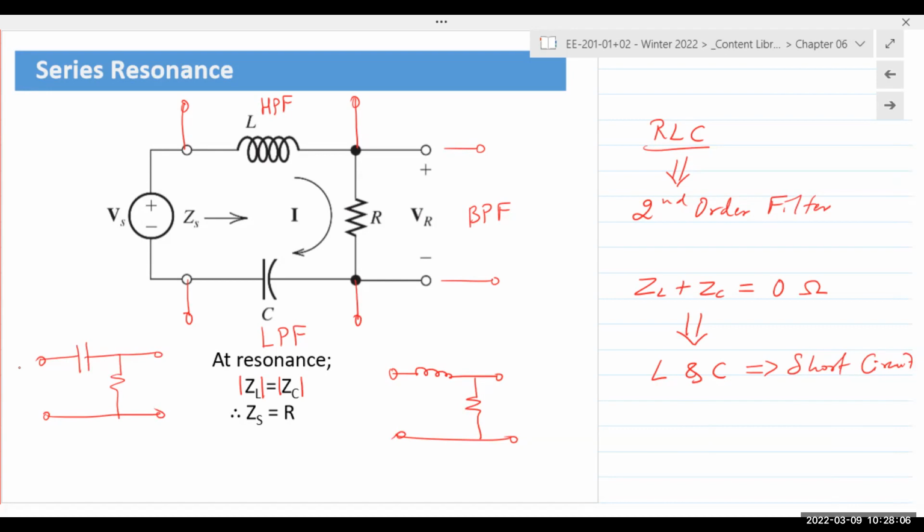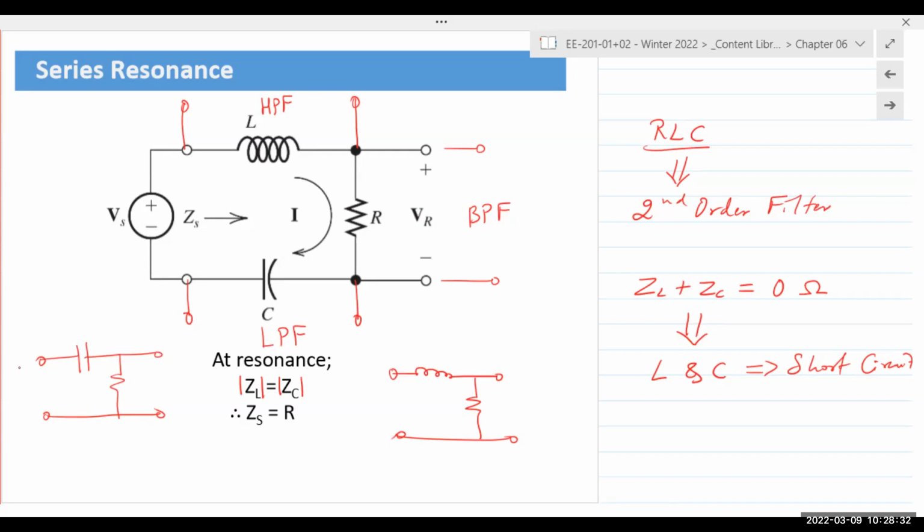But this is still an RL filter. This is still an RC filter. The fact that we're combining those does not make the operation any different. So if you take the output across the capacitor, you get a low pass filter. If you take the output across the inductor, you get a high pass filter. Output across the resistor, you get a band pass filter. Right?